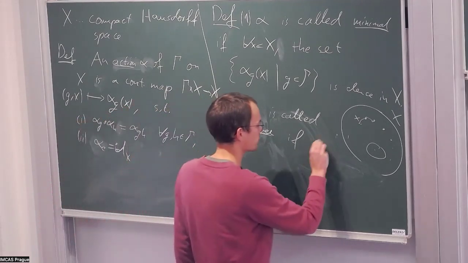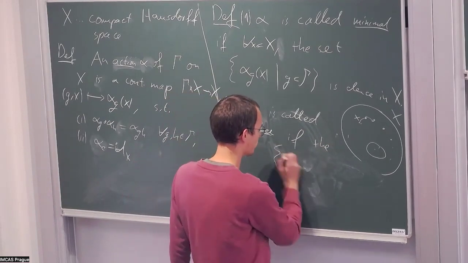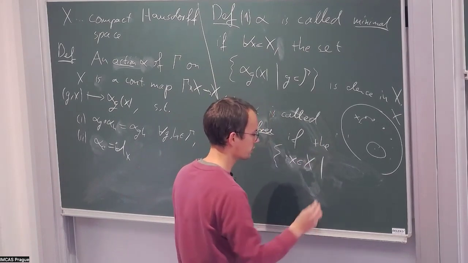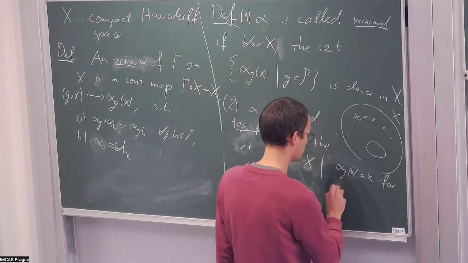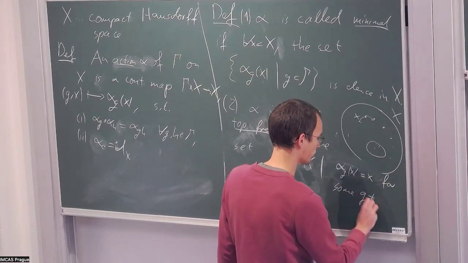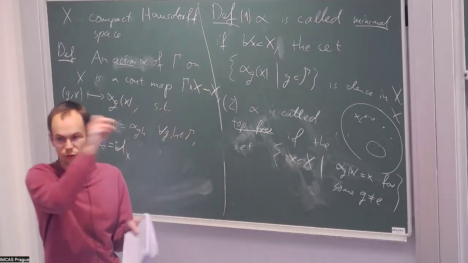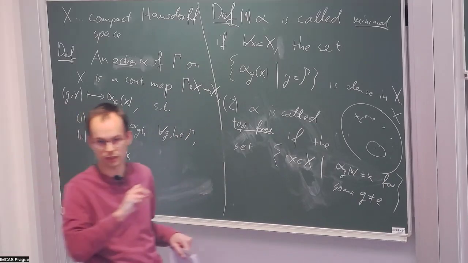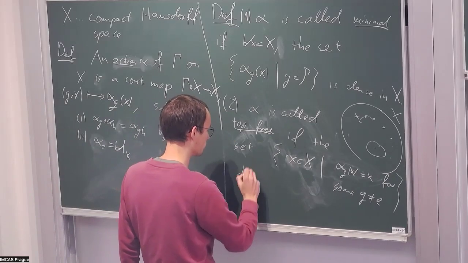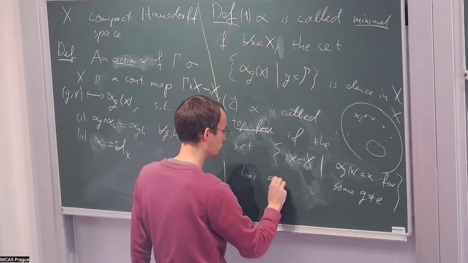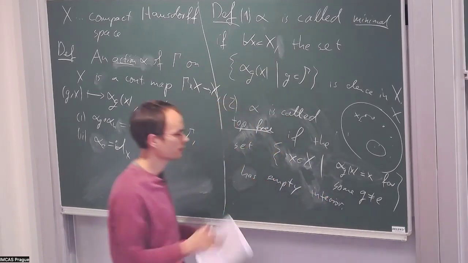If the set of x in X such that alpha g of x is equal to x for some g that's not the identity, right, so all points where you can somehow return to that point using the action by a non-trivial group element, this set should have empty interior. Okay, I think that's correct.